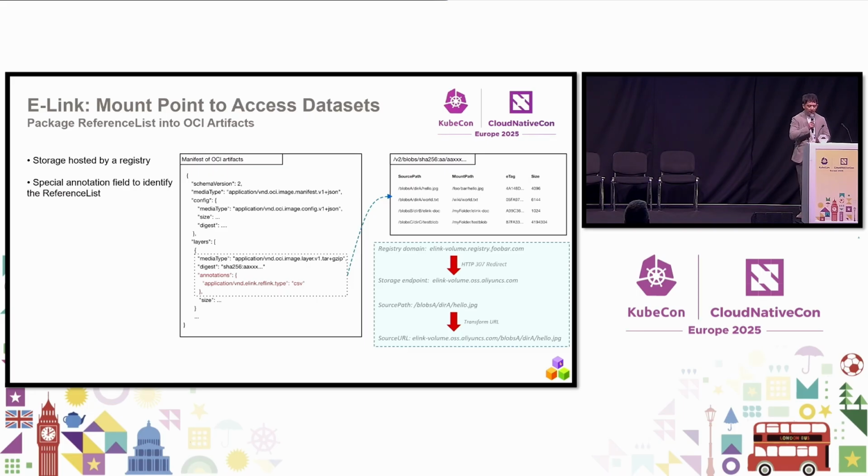Of course, there may be better approaches in the future. And also, the reference list should be saved in a common format like CSV or JSON or something else, so that the registry can analyze the details of the reference list to get the valid data across the entire storage bucket.